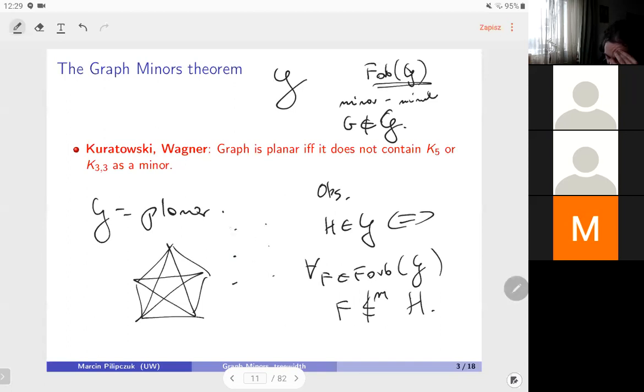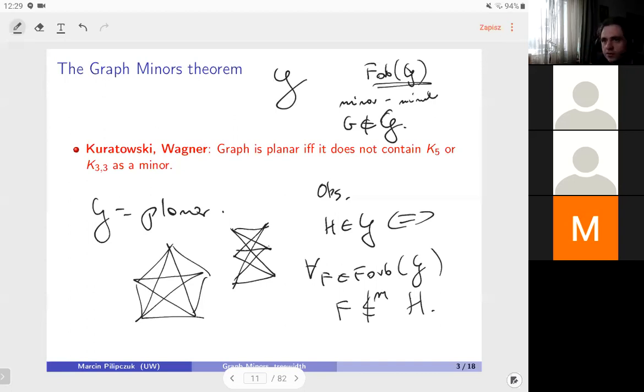A bipartite graph with three vertices on each side. This is the standard example about three houses and electricity, gas, and water. You want to connect them, but you cannot do it on a plane. You can almost do it, but at the last moment you need to cross. So these two are minor minimal.